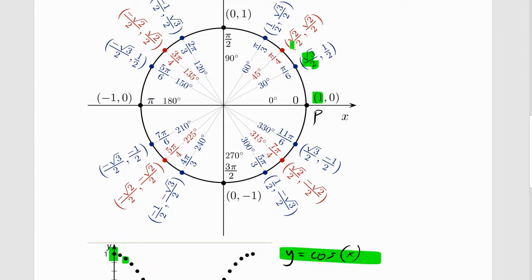When you get to pi fourth, you get to this value, which is right here. When you get to pi third, so notice you're getting smaller and smaller. You're going down, down, right? So that's a half. And let me go ahead and write it in there, right? That's definitely a half right there.